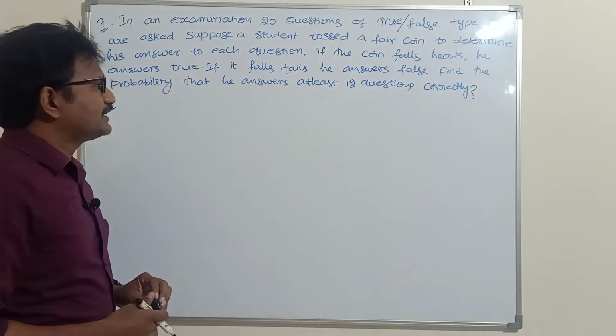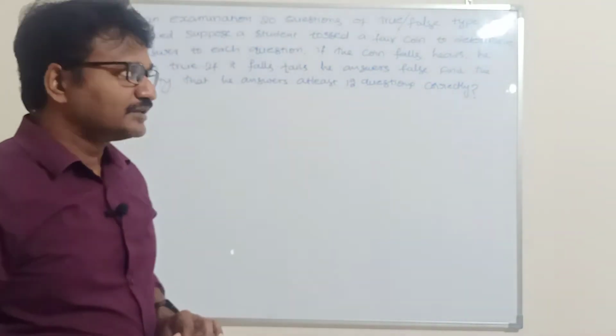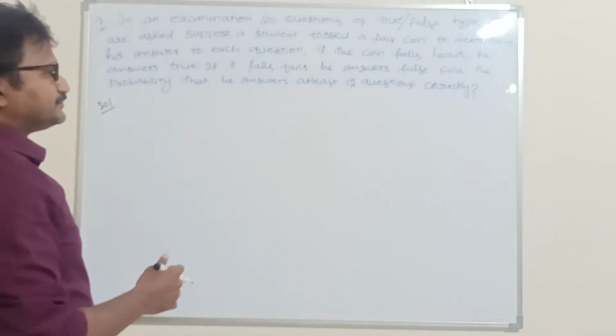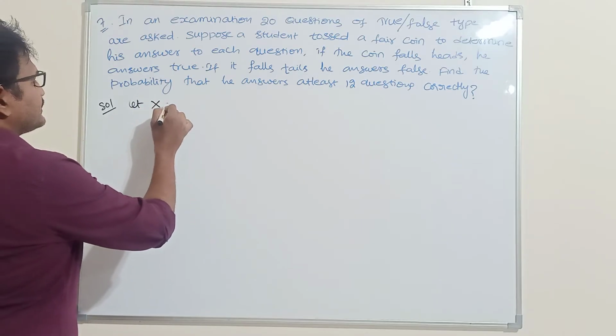Find the probability that he answers at least 12 questions correctly. So here what does X denote?